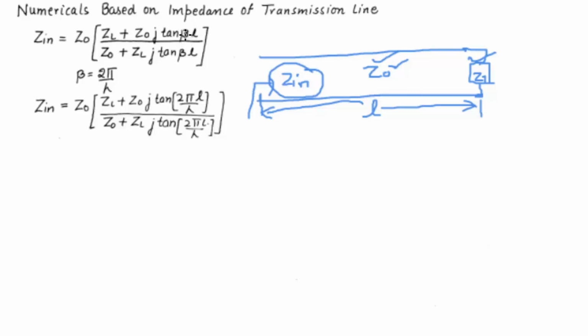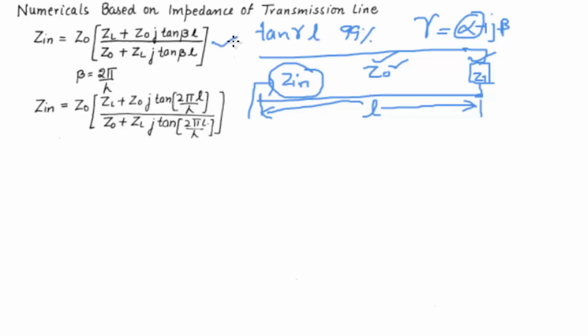And by the way, we have tan beta L here. In the original formula it is tan of gamma L, but we assume in 99% of the cases that it is a lossless transmission line, so gamma being equivalent to alpha plus j beta, alpha is removed from here, and that is why this j has come here.